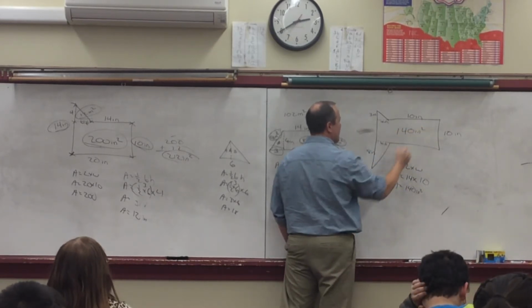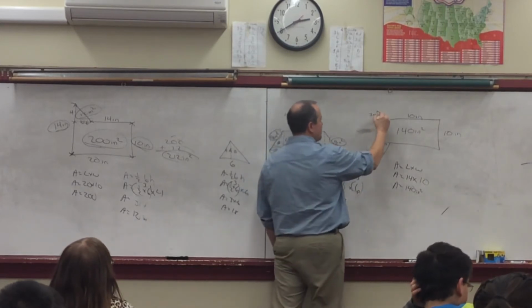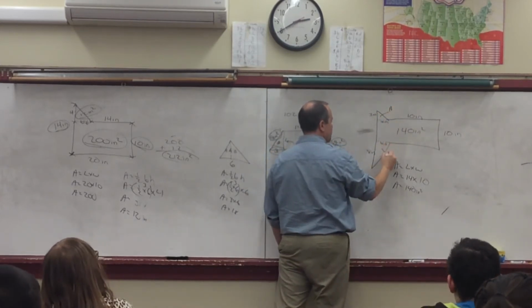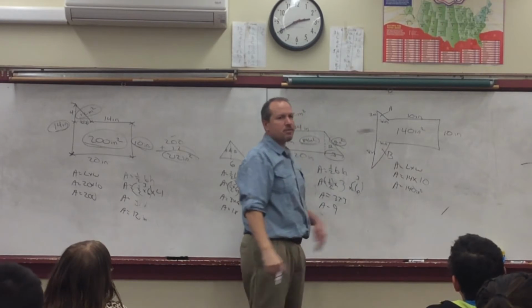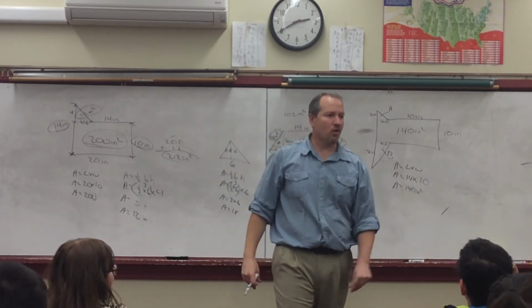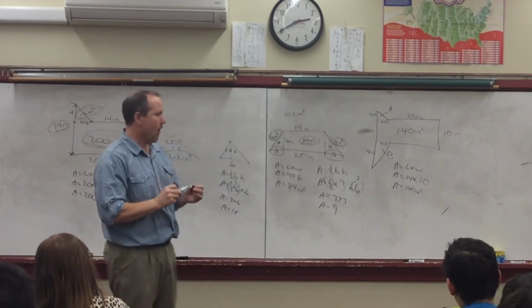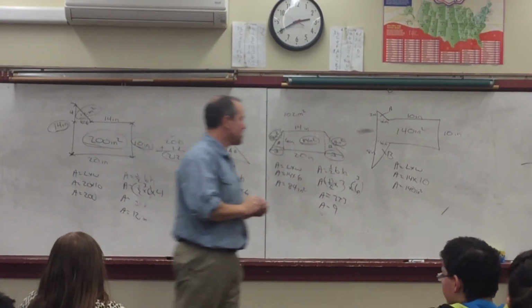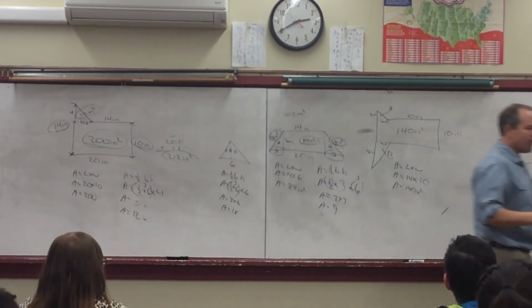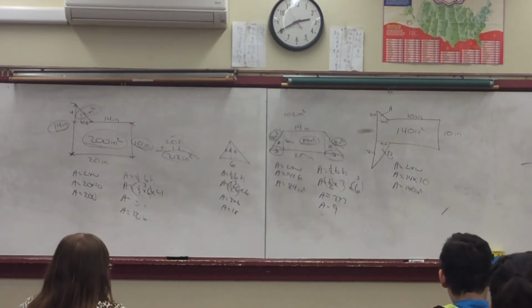This is triangle A. This is triangle B. You guys find the area of triangle A. You guys find the area of triangle B. Go ahead quickly, on your whiteboard, any board or paper.